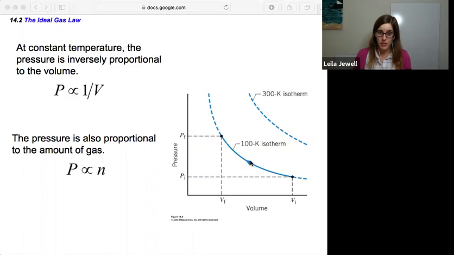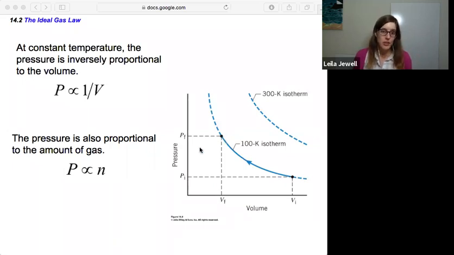And that's what's shown here, right? Following what's known as an isotherm, this is a line of constant temperature. So as we shrink our volume, from this large value to a smaller value, the pressure goes from a relatively small value up to a higher value.